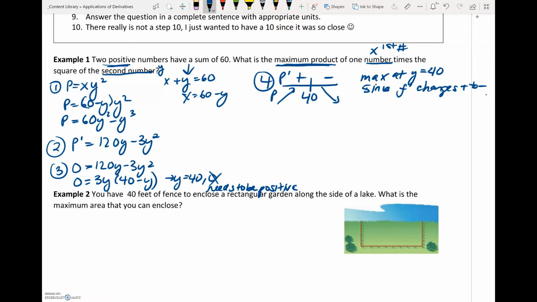If y is 40, we do need to find the x. And that's going to be 60 minus our y, which is 40. So x is going to be 20. Now I'm going to state my final answer because we want the maximum product.